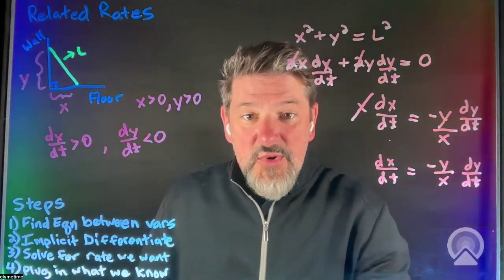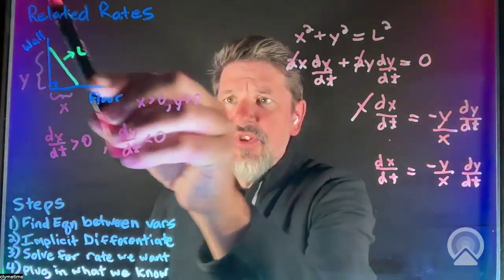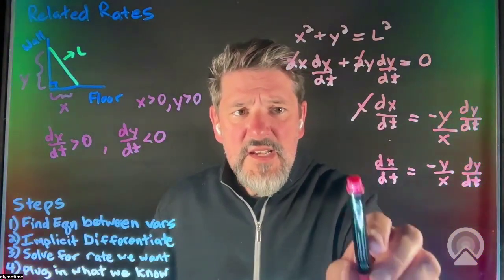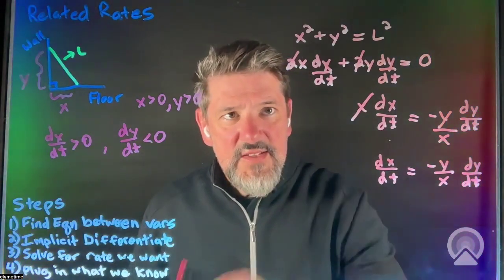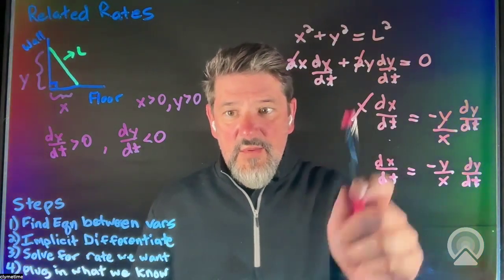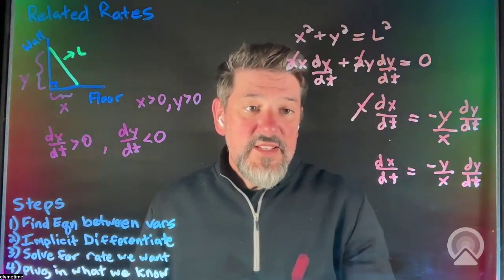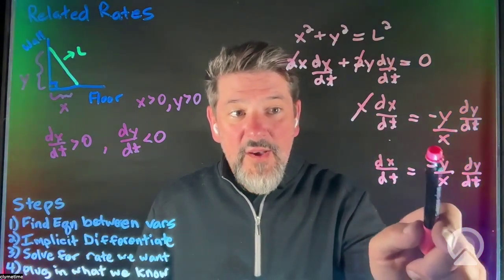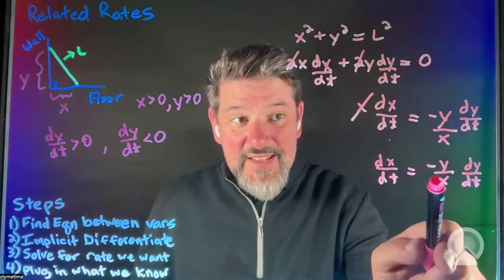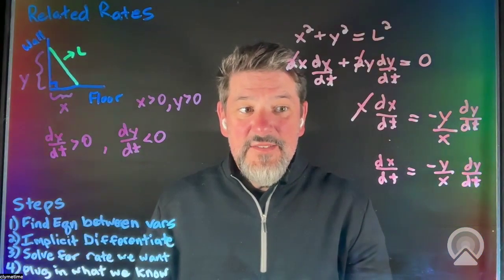But what is true in both cases, whether the ladder is slipping to the ground or the ladder is being pushed up against the wall, in both cases, dx over dt will be the negative of dy over dt. So that's why there's that negative sign there, and it comes out of the process of finding the differential equation. So what this tells us is that dx over dt depends on the y position and the x position and the rate at which y is changing.